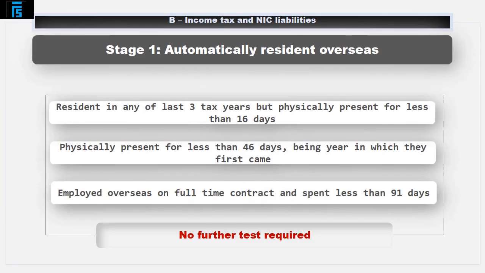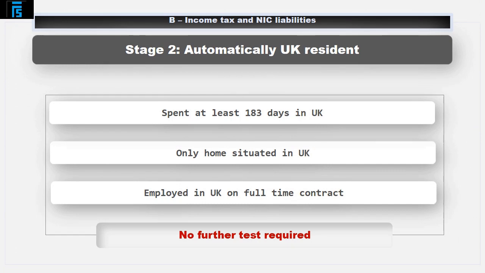Starting with stage 1, Tom does not meet any of the circumstances to be considered automatically resident overseas. So we move on to stage 2. He does not meet any of the circumstances here either, so is not considered automatically UK resident.